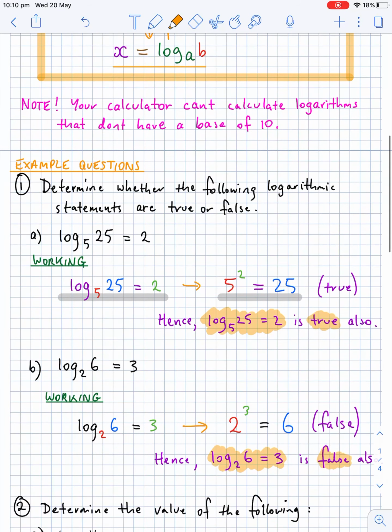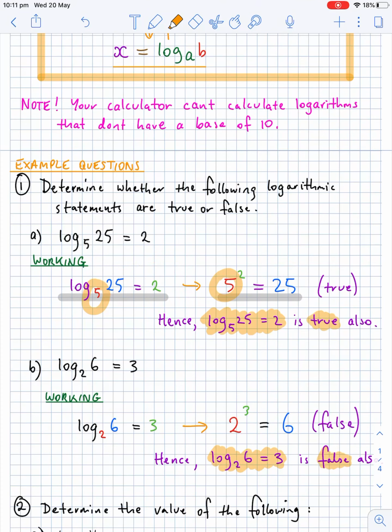So first step, we think to ourselves, well, 5 is our base for our log function, so therefore we can change it so 5 is actually the normal base. The 25 is usually the number that goes by itself, and the 2, the subject here, actually goes back to being your power.